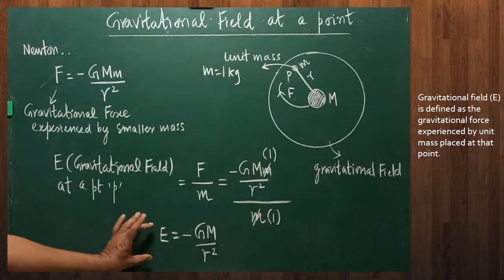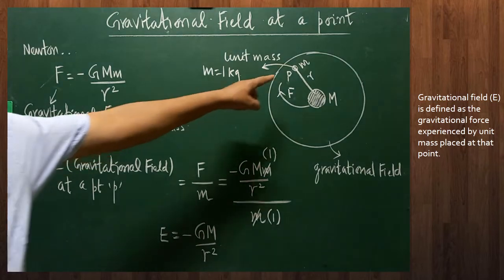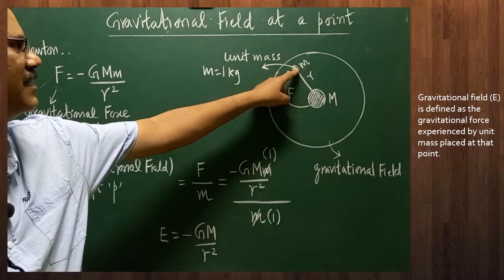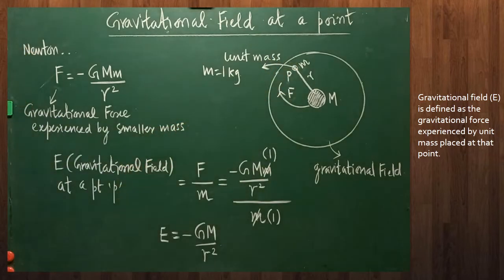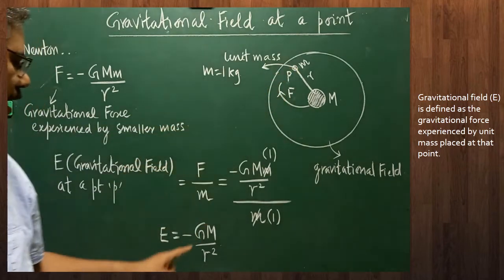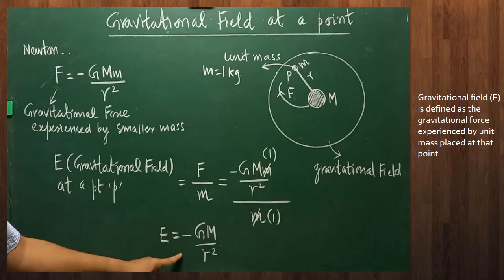By using this expression, we are able to calculate the gravitational field intensity at that point. Again, I will repeat. What is E? E is nothing but the gravitational field at point P, which can be calculated by using this expression.